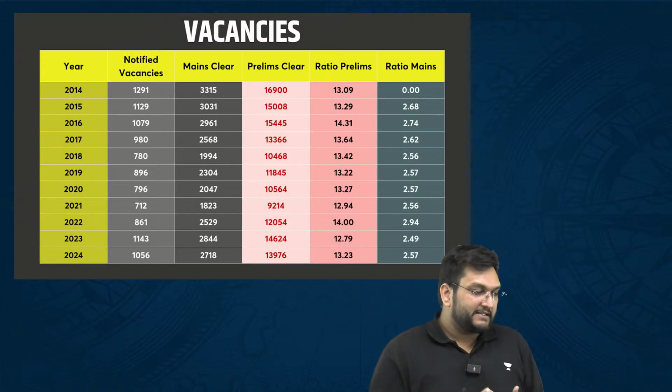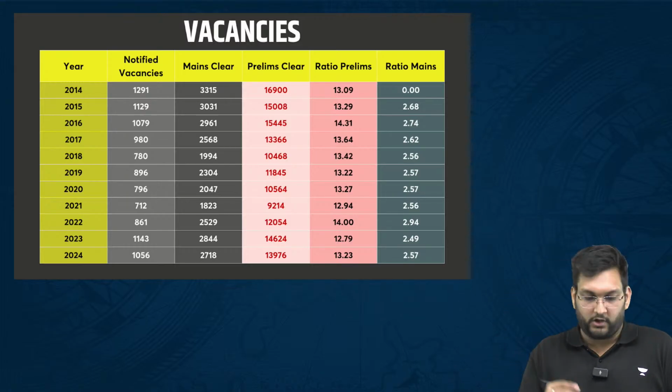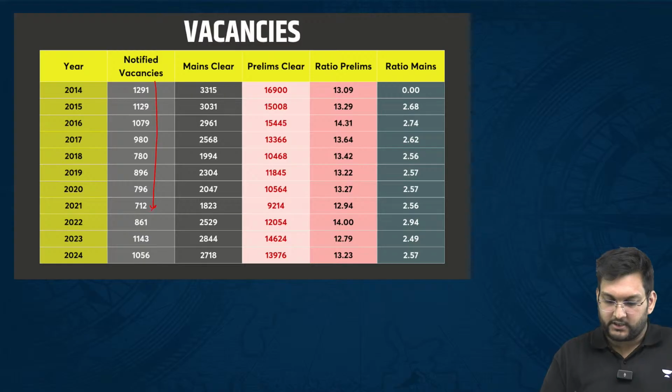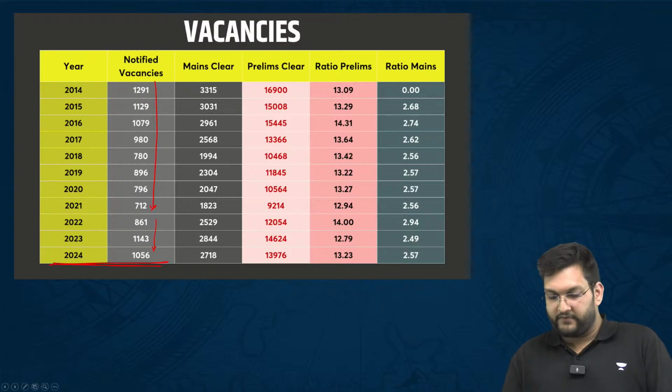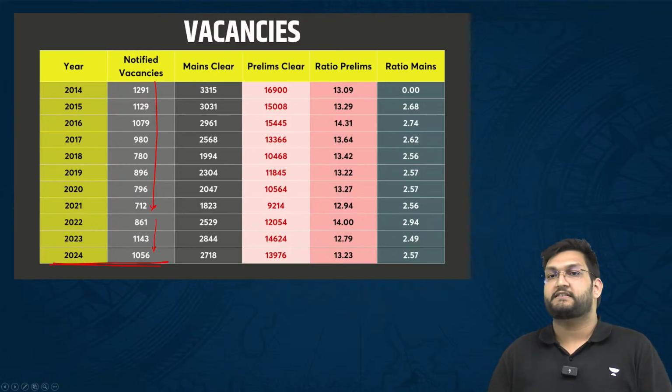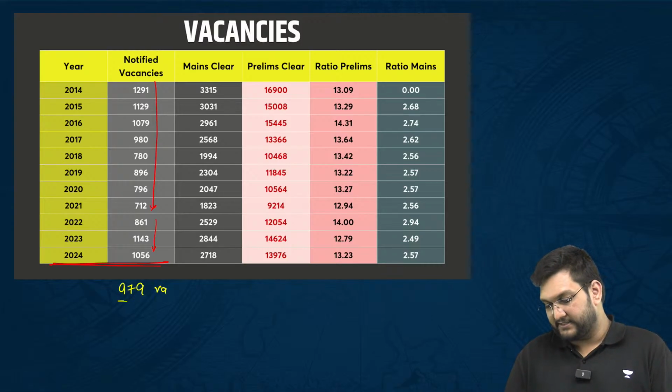Now, looking at the number of vacancies, it had been falling from 1200 to 712 in 2021. However, then it picked up, and in 2024 we had 1056 vacancies. This year we have 979 vacancies.